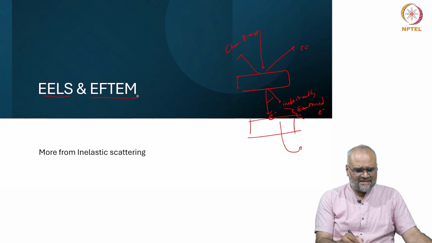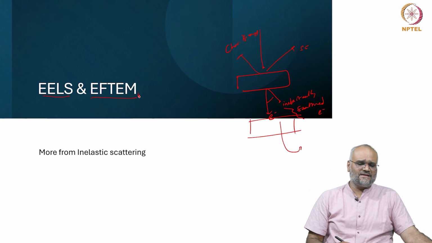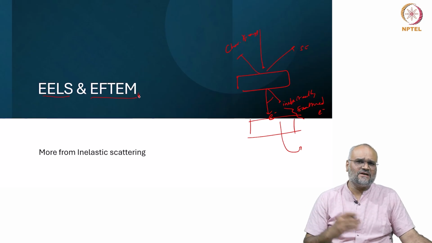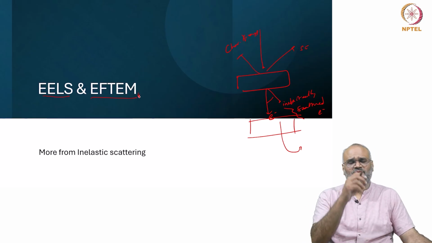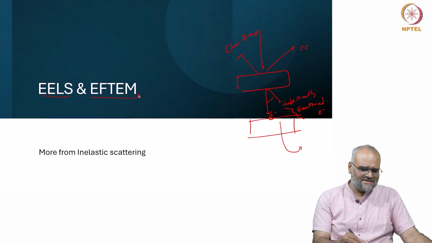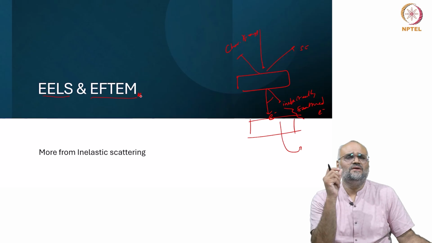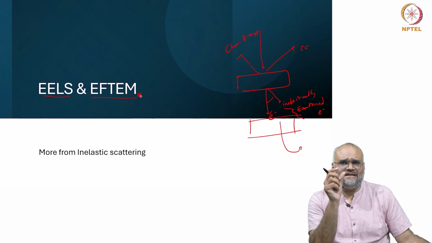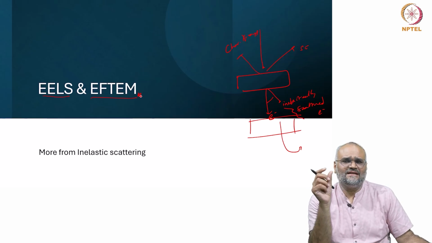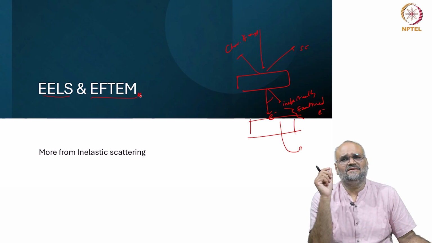Energy filter TEM is slightly different from electron spectrum imaging, where you can either operate the transmission electron microscope in STEM mode and from each pixel collect the EELS signal and build an image which appears similar to your EDS map, or in energy filter TEM, by simply collecting electrons from a certain window corresponding to an energy which has undergone inelastic scattering, you can form an image and understand what is inside the material.